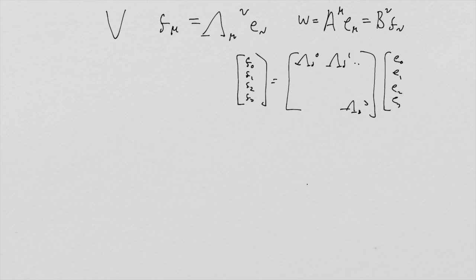And if you do this matrix multiplication, you're going to end up with F0 equals lambda 0 0 e0 plus lambda 0 1 e1, etc. This row will multiply with that column, and you'll get it exactly like linear algebra. So that's why I'm emphasizing these things here are not tensors, of course. They're matrices.